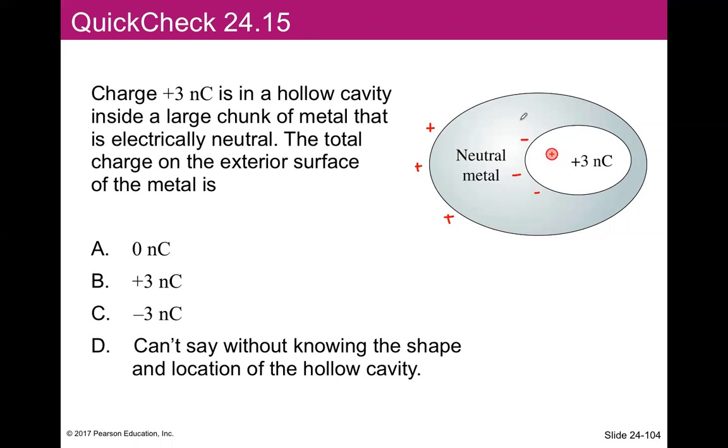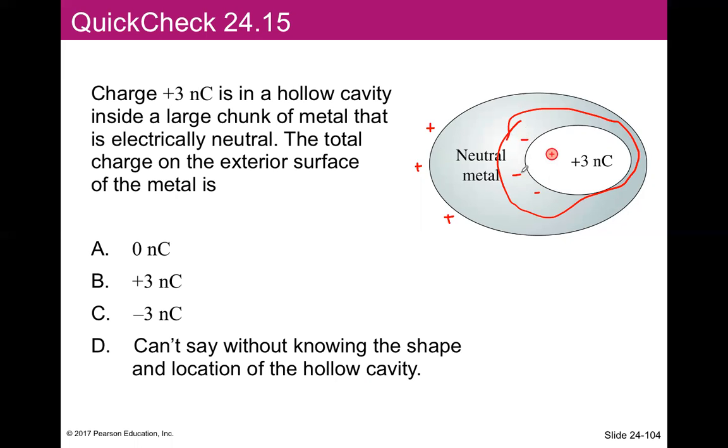That means if you draw a Gaussian surface here, the net charge should be 0 because no matter which way you draw the surface, the electric field at any position should be 0. That simply means inside the surface, you have 0 net charge. And here you have +3.